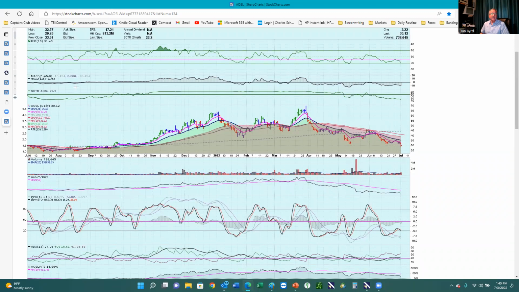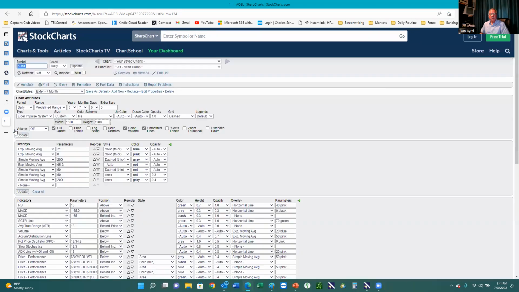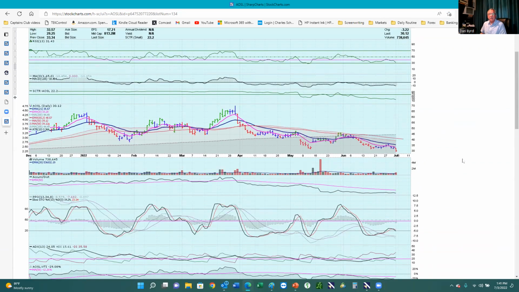So it started going down. I can actually zoom in a little closer. It started going down right here, which is okay. I mean, it didn't go down huge. I bought it at 35.80, right up in here. And now it's at 30. So about $5 roughly.